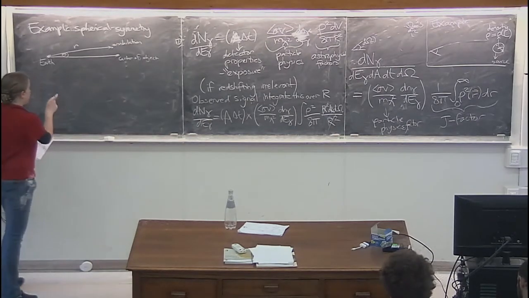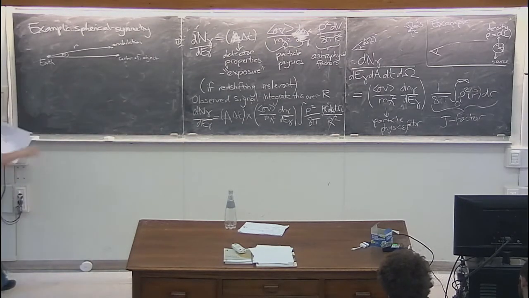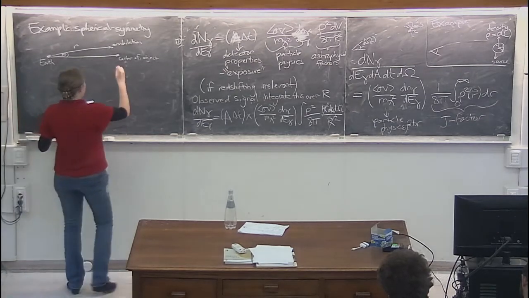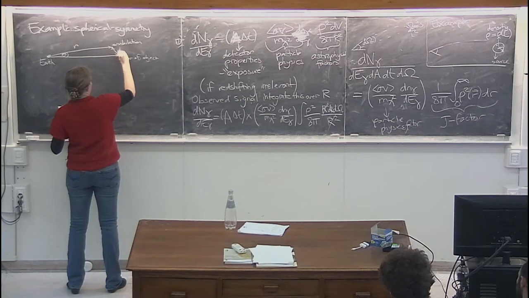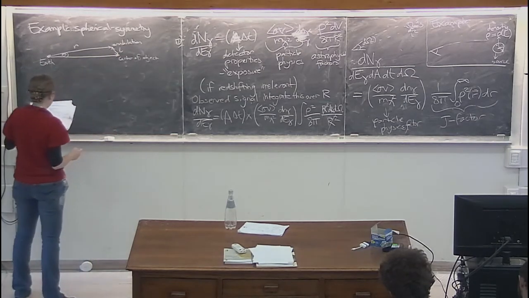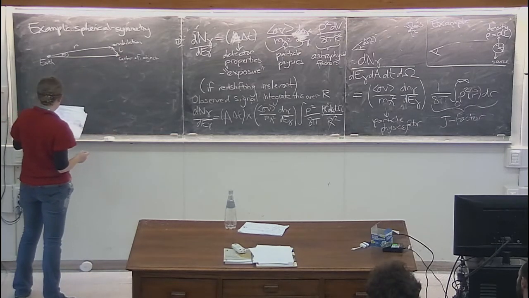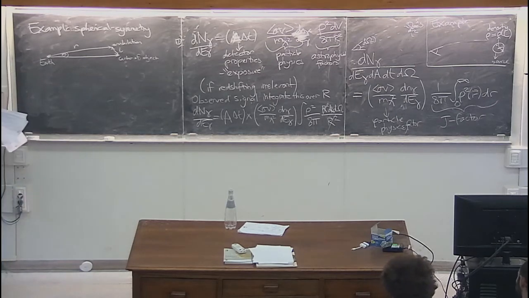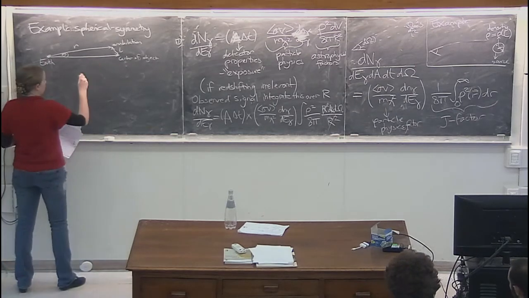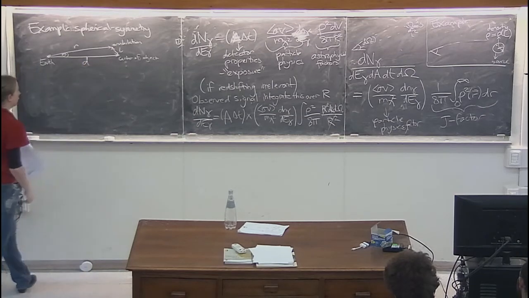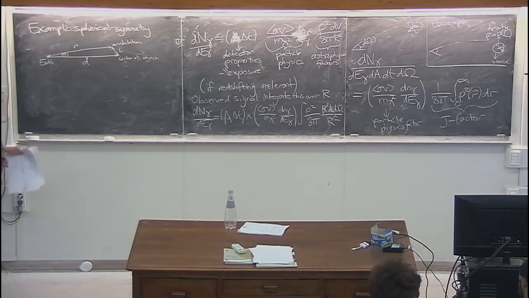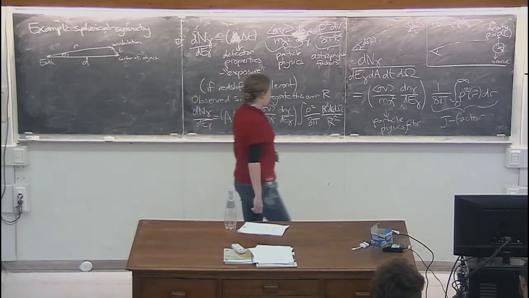We're going to choose our z-axis so it points to the center of the object, because that makes the phi dependence really simple. I'm going to say that this distance is L. Then we know this distance from the Earth to the center of the object, call that d. Then we can just use the cosine rule.